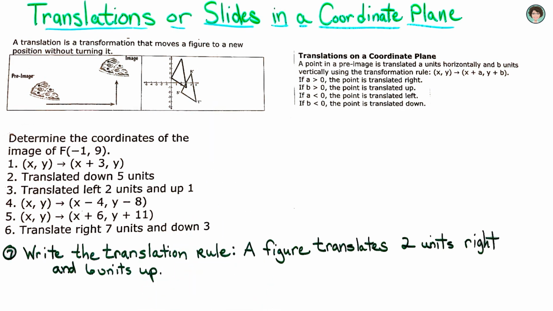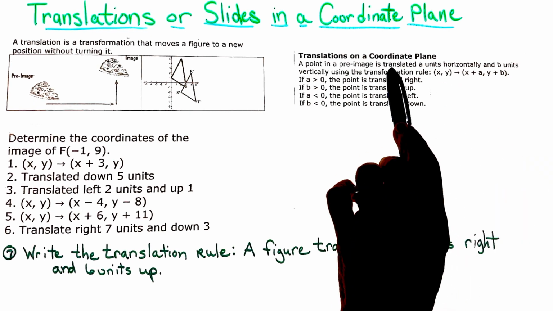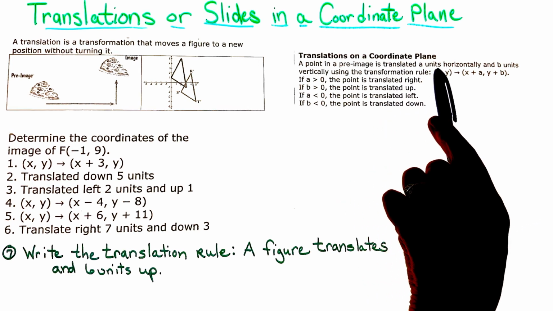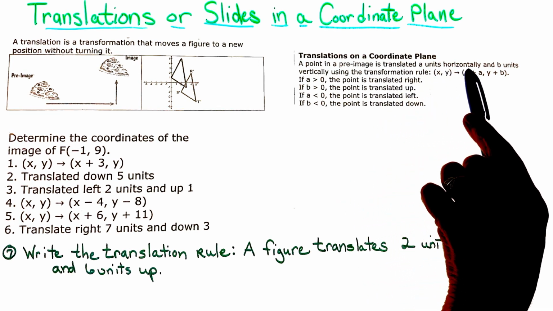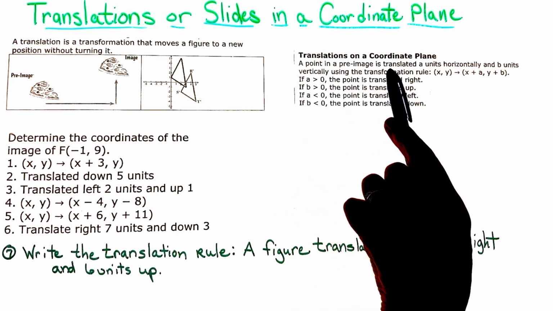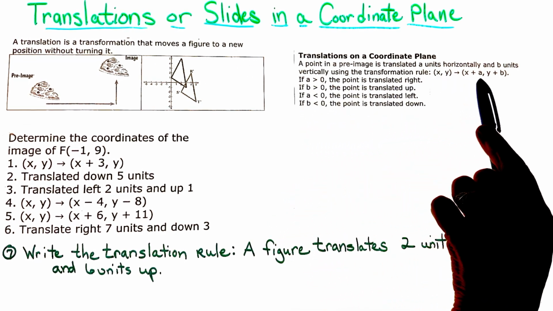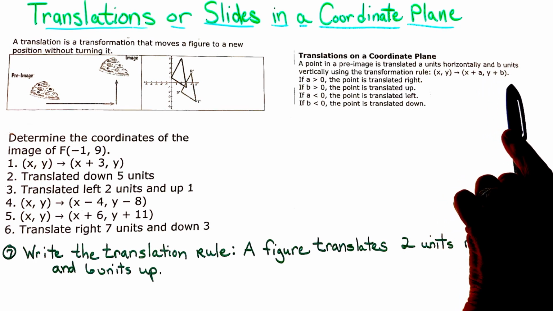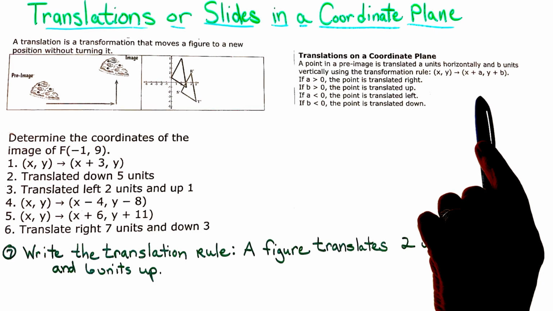Okay, let's look at real important information about our translations on a coordinate plane. It's a point, there's a pre-image, and it will move horizontally and vertically, possibly, with this rule, where x plus a and y plus b. Well, you're going to say, well, they're not always positive, and it's true.